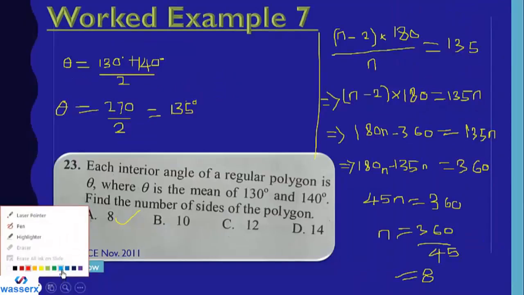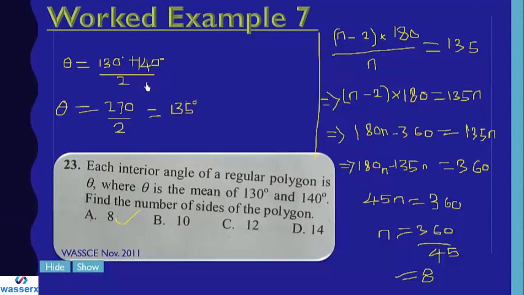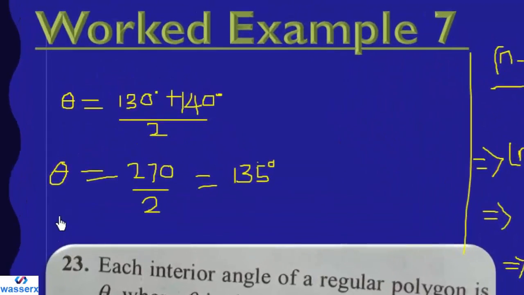Now, another way we can go about this is, after finding each interior angle, we can use it to find the exterior angle. Each exterior angle will be equal to 180 minus 135.